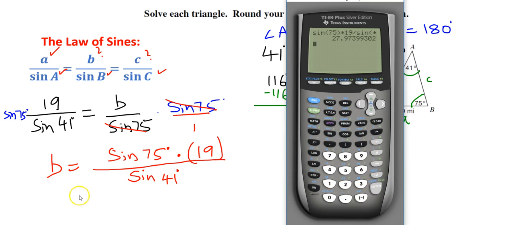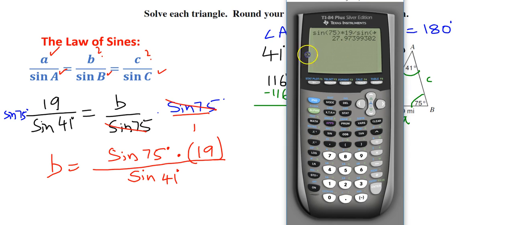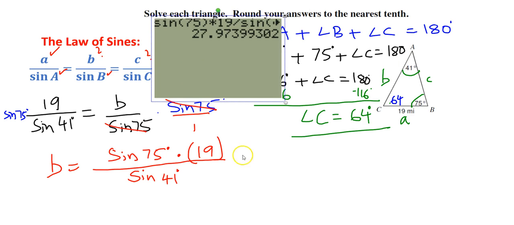So that's your value. You got B is equal to 27.9739, but you are rounding it to the nearest tenth.